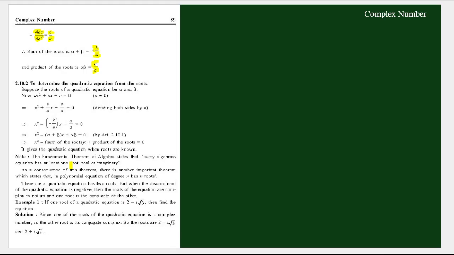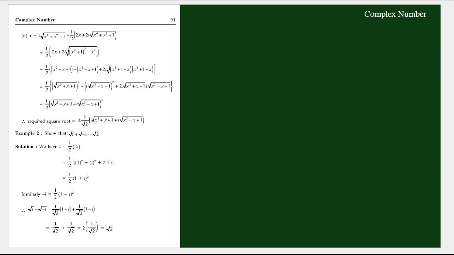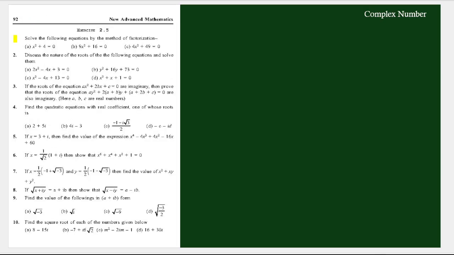I think you will be able to solve question number 1, 2 and then 3 now. First, what is the method of factorization? x square plus 4, something is missing.